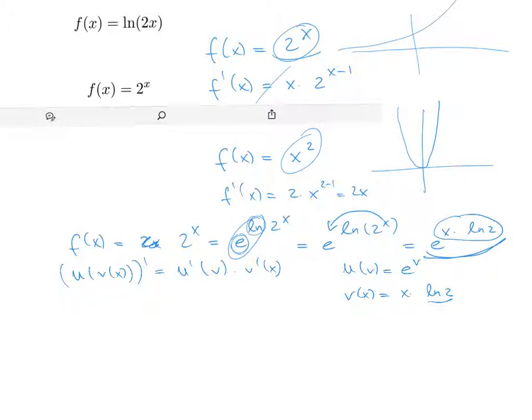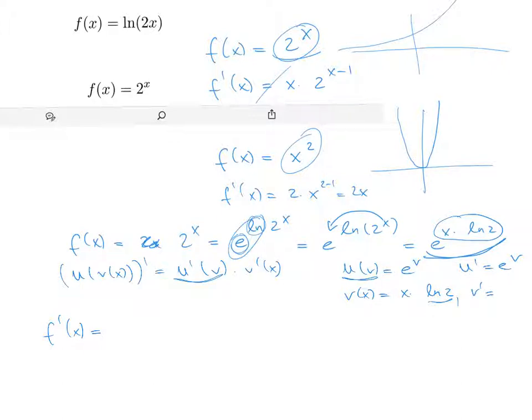Okay, and then I get the outer derivative. The nice thing about the exponential function is that it is equal to its own derivative, so u dash is also e to the power of v. And what is the derivative of v?